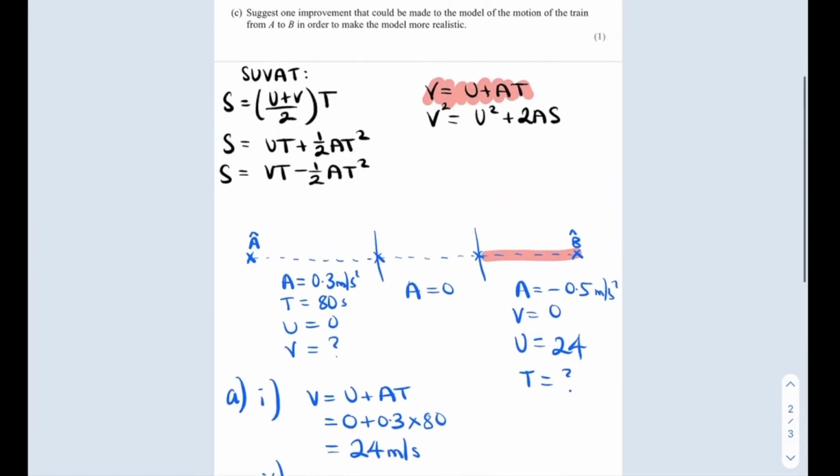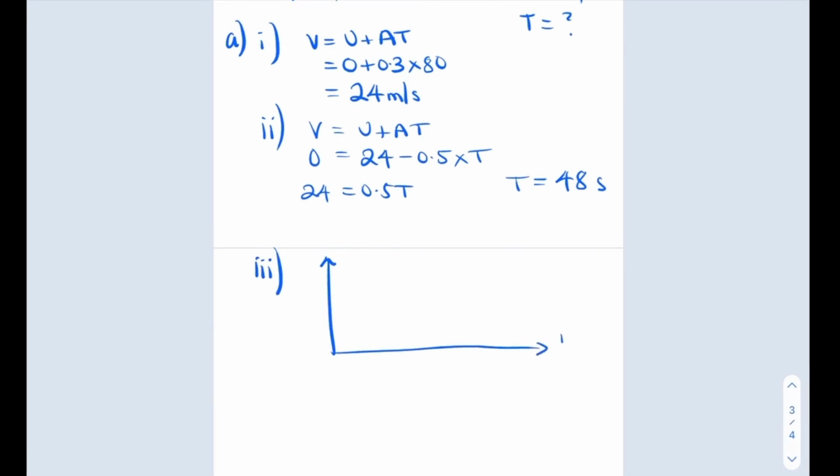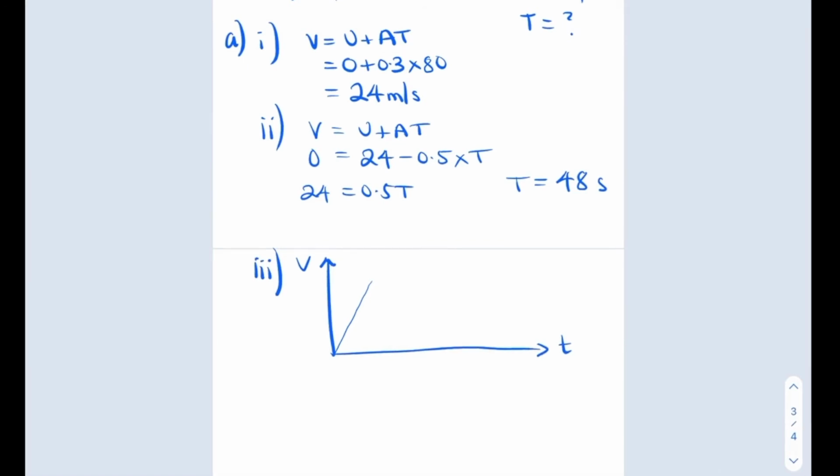And so we are then asked to sketch velocity versus time. We don't need too much information here. If I put time along here, I've got this section where I'm accelerating, so my velocity is increasing. I'll just call it velocity rather than getting confused with final and initial velocities.